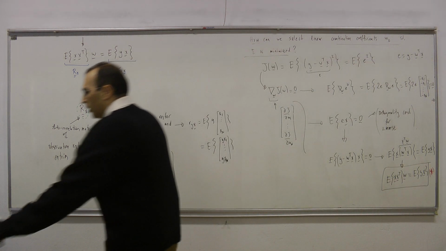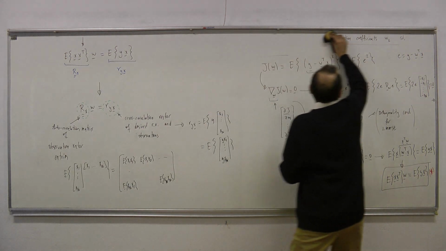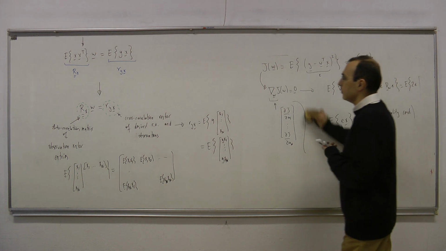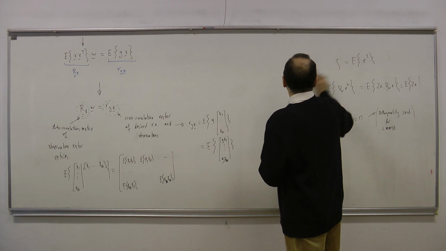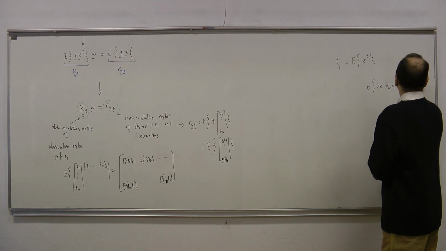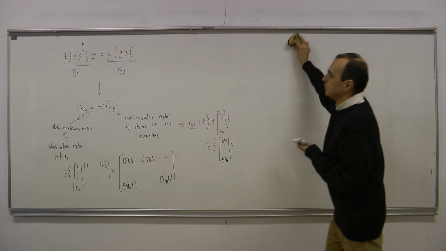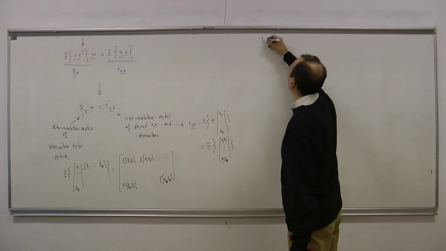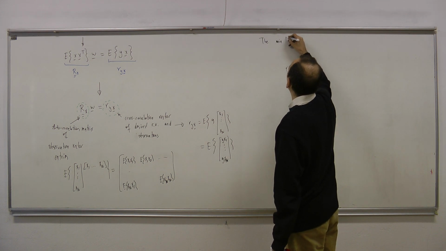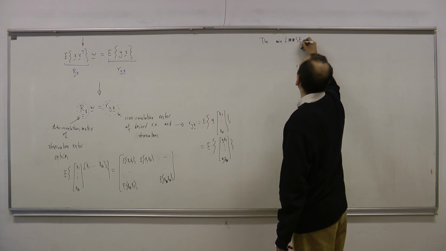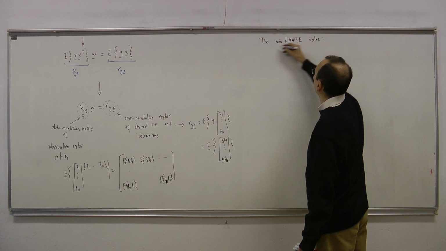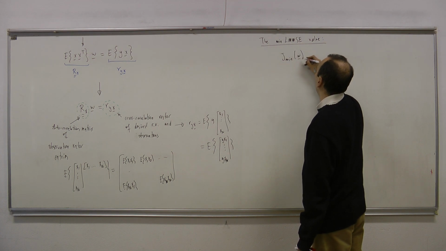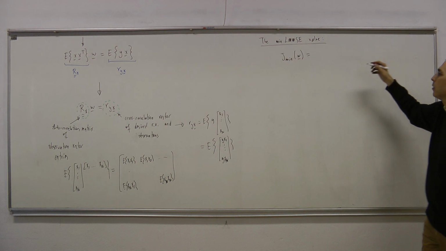That's actually very important. Let me also calculate the minimum linear MMSE value according to this. So J min of W. How can I calculate this?